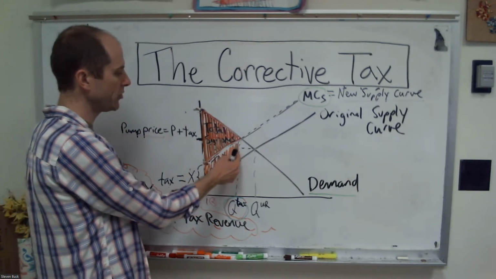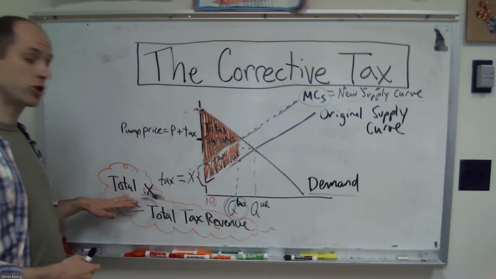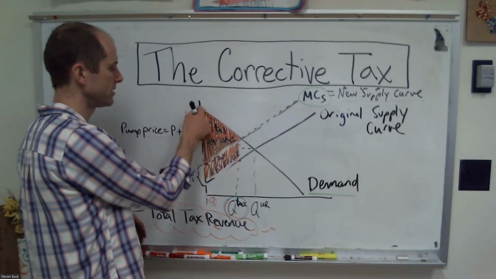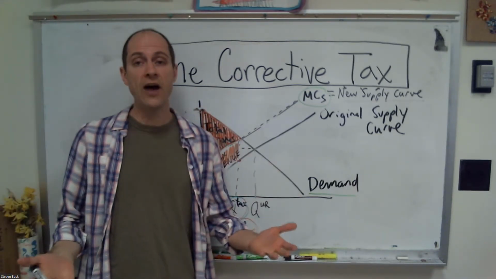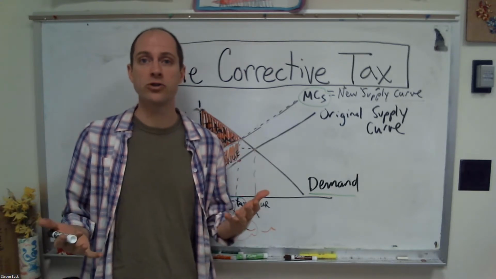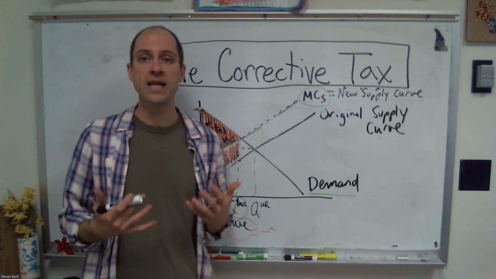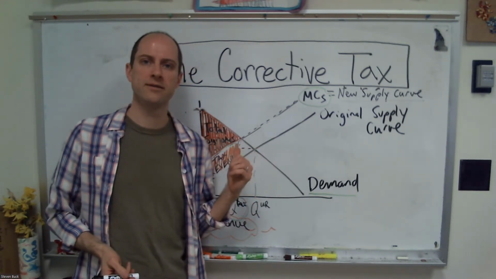Our tax revenue is right here, which is identical to the total externality. Our total surplus is right here, which, now that we've shifted the private marginal cost curve up, turns out to be equal to the joint surplus.